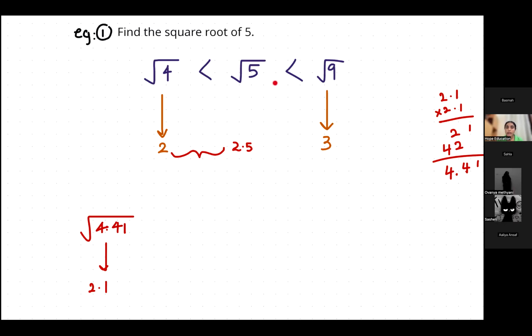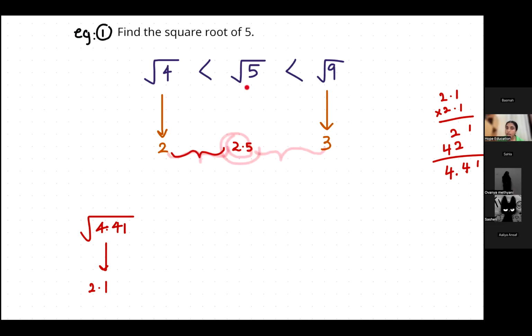So the square root of 5 should be between 2 and 3. We can divide that section into two, because between 2 and 3 we have 2.5. So there is one set between 2 and 2.5, and another between 2.5 and 3.